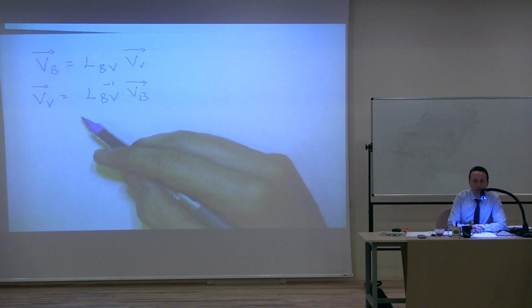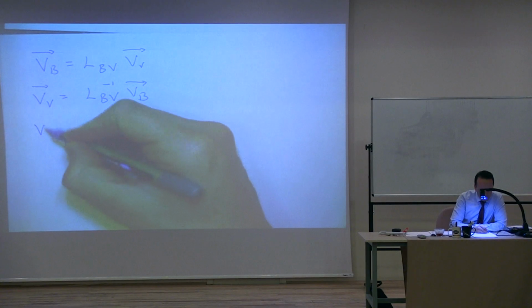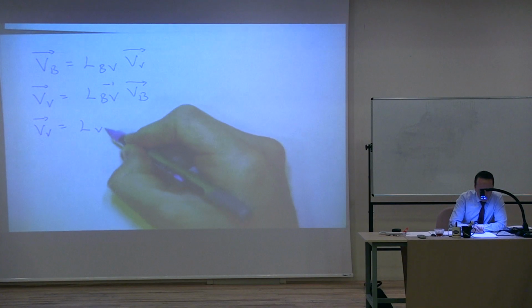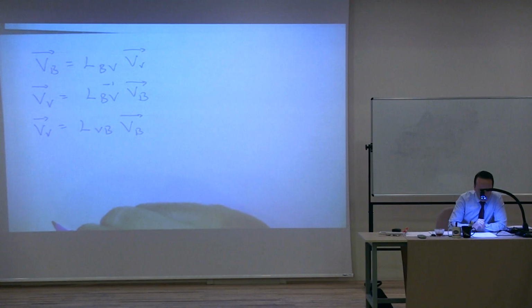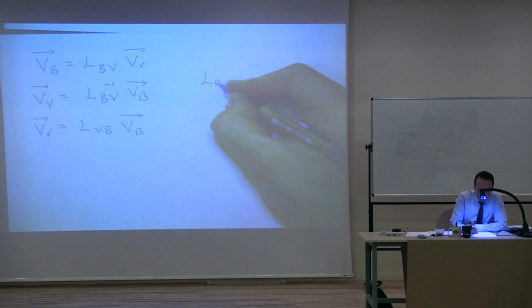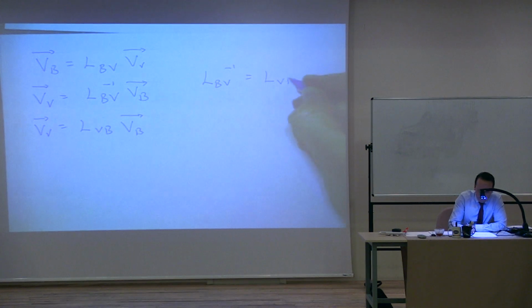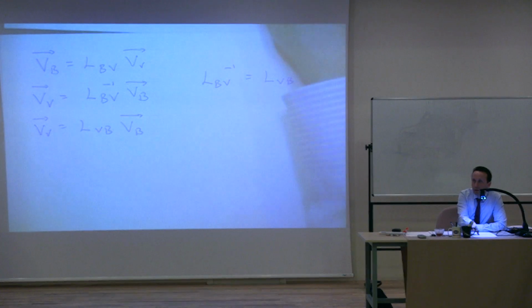Go the other way around. But that is also equal to LVB going from B to this. So what I'm trying to say is that LBV is the inverse of LVB. It's kind of obvious, right?